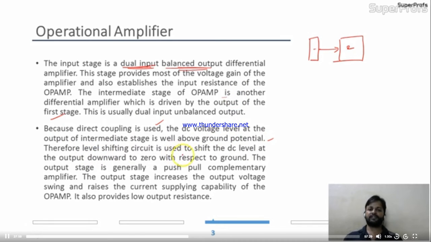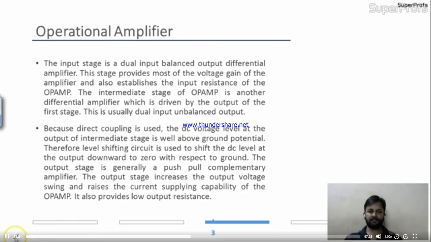So the level shifting circuit is used to shift the DC level at the output downward to 0 with respect to ground. Means we are adding some DC part to the signal, and at the output we have to remove that DC part. We are not using the capacitor over here.